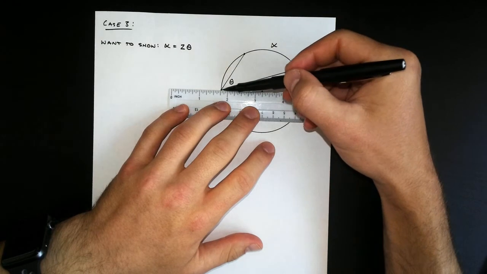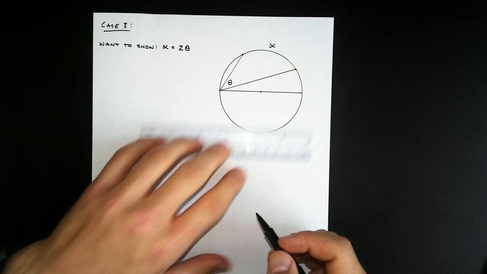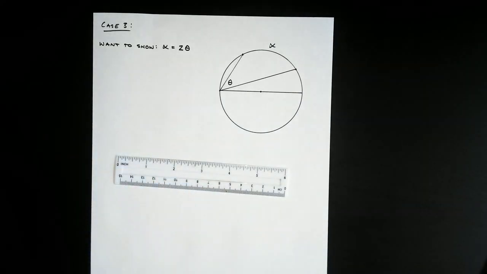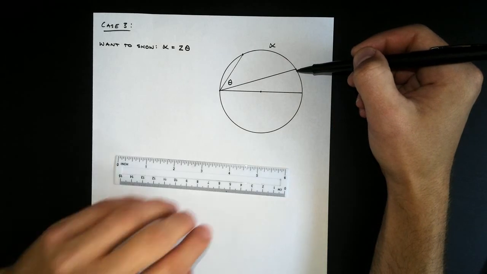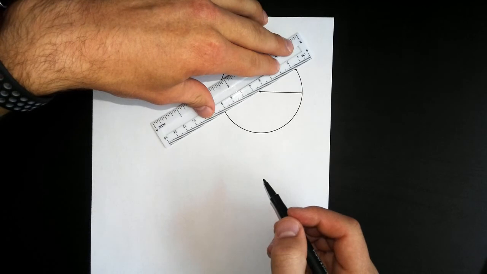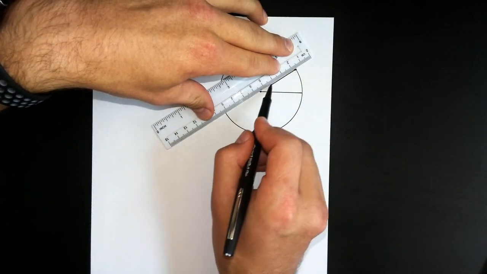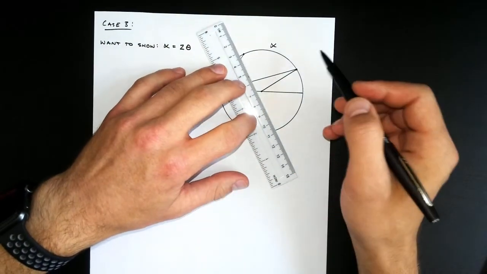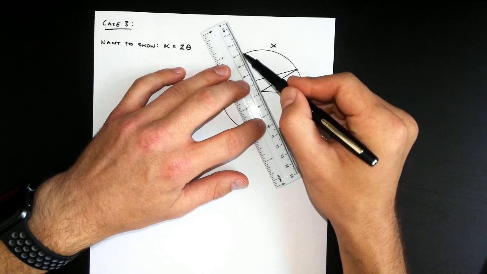So let's start by drawing in this diameter. And then we need a little bit more to work with here. So this was our original angle. So let's draw in this central angle here. So from here to here, and from here to here.